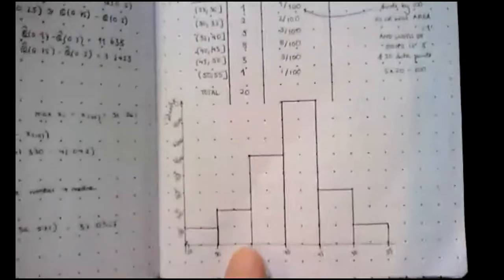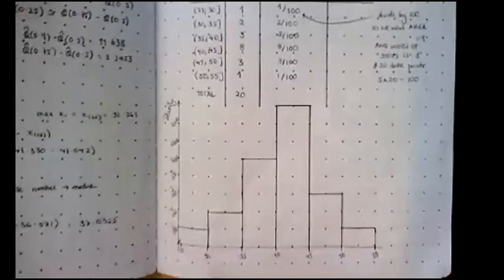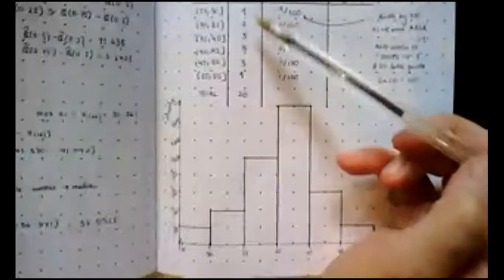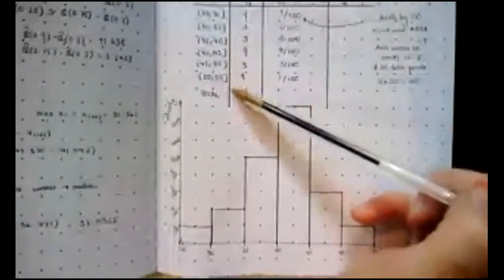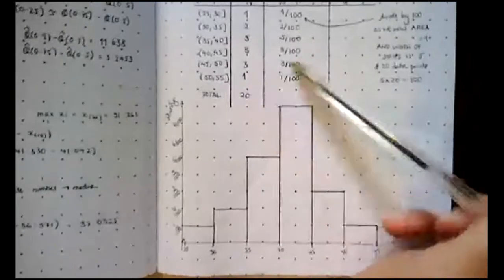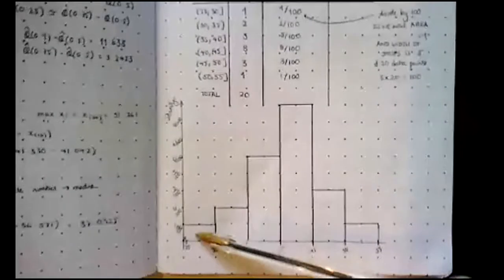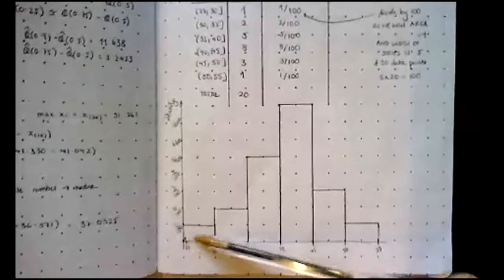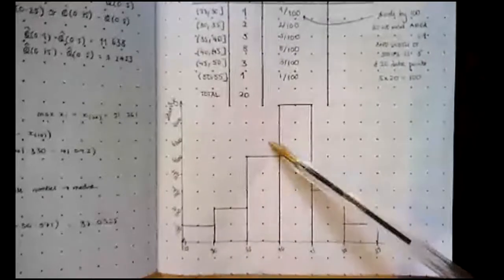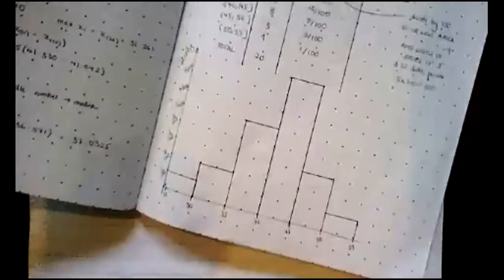I like dotted paper for this because it's easier to draw graphs on. So I finished filling out my table by counting the numbers of points in each of the intervals, rescaled them by 100, and I've drawn my histogram. So you can see that that's 1 square up between 25 and 32, etc. It's nice to have dots because it makes it easier.